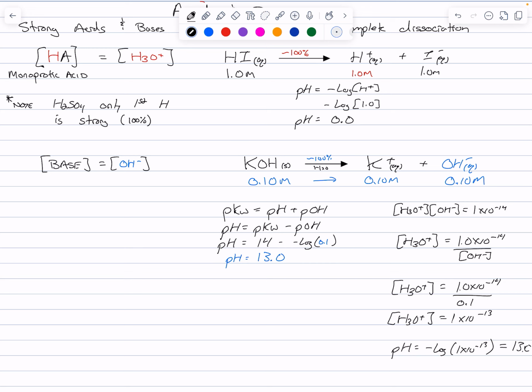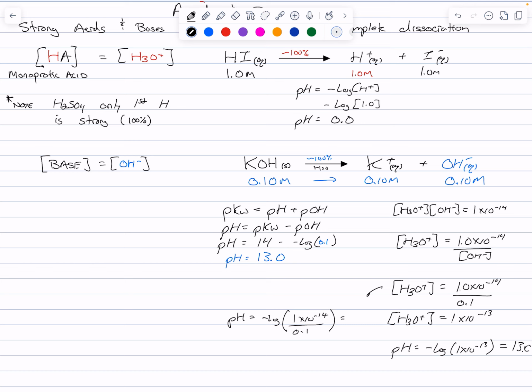Most students do the first one. It doesn't matter to me. You guys have calculators. Calculators are great. I'm happy either way. So that's how we do strong. And you can even shortcut this way: because you have a calculator, you can do pH equals the negative log of 1 times 10 to the negative 14 divided by 0.1.